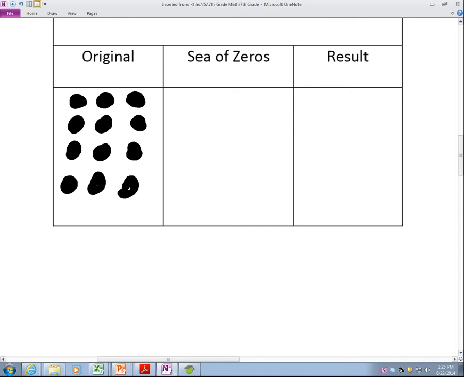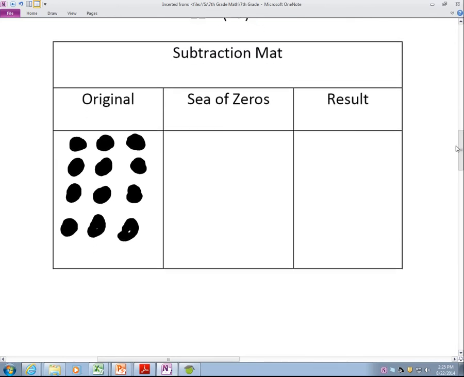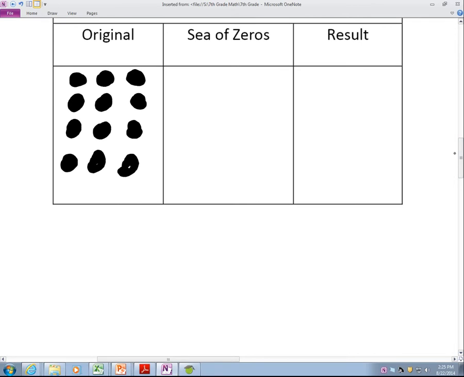Well, in this expression, how many numbers are there? Look on your page. I don't have it visible on the board right now, but how many are there? There's 2 numbers, right? What's the first one? 12. What's the second one? 7. It's negative 7, exactly.